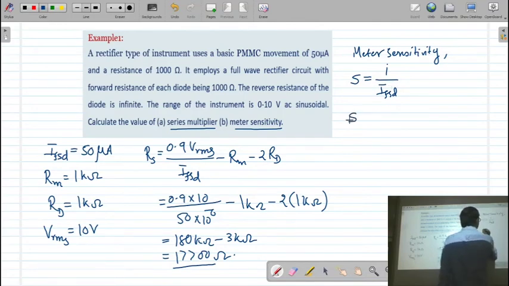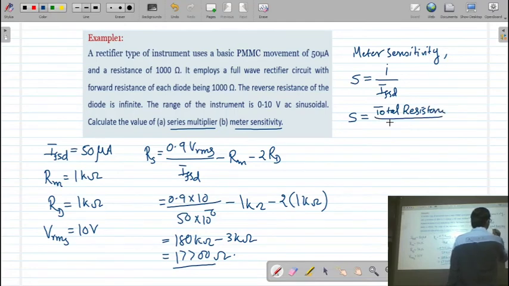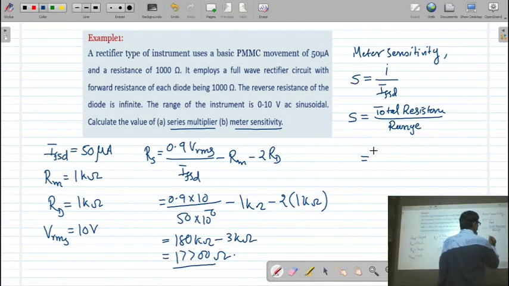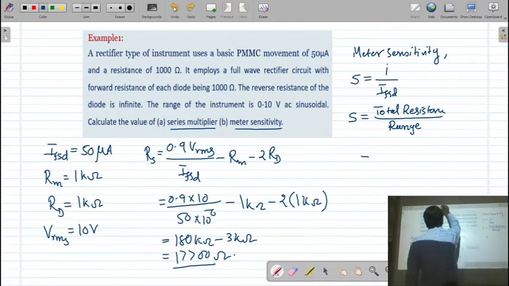So, sensitivity can be written as total resistance divided by range. Remember, again it is 1 upon I. But now this current is not IFSD. Here the current you have to consider according to the total resistance of the meter. And if you see the total resistance of the meter, here you can calculate this.